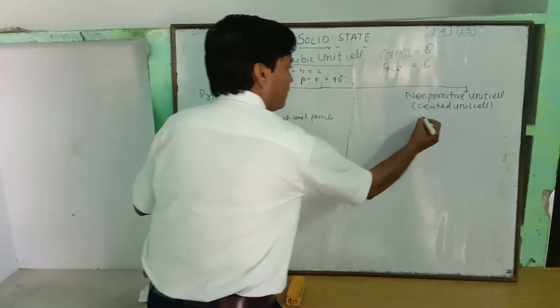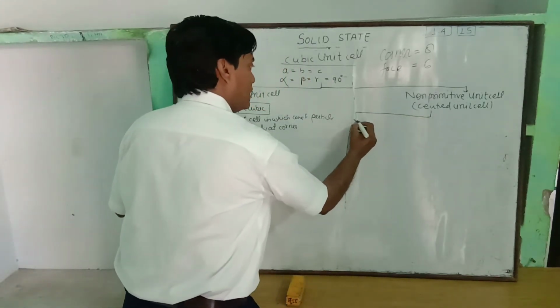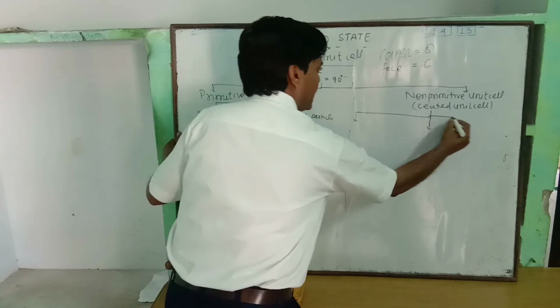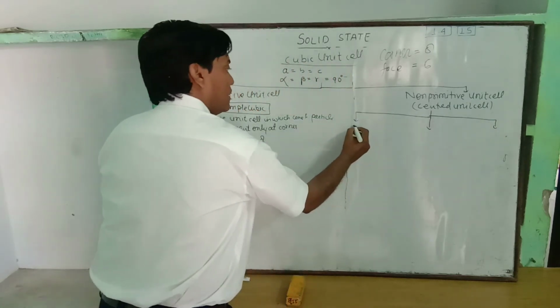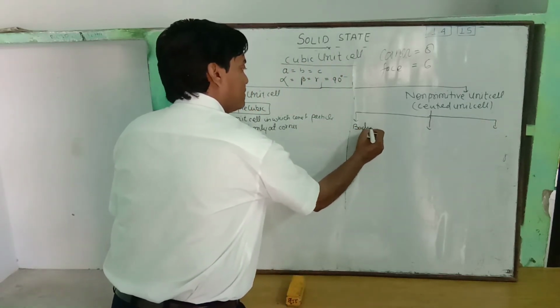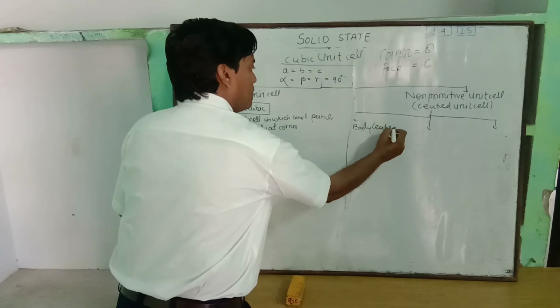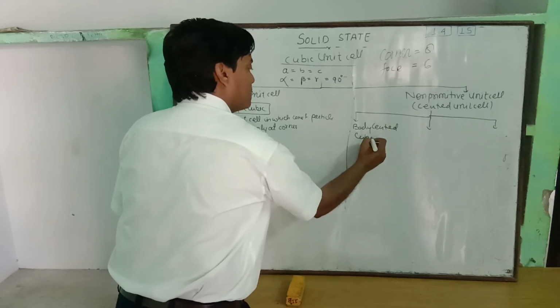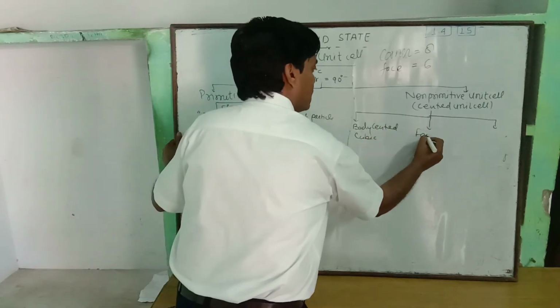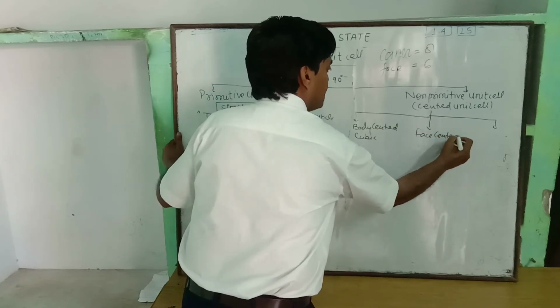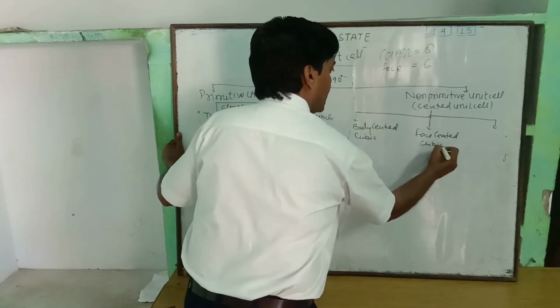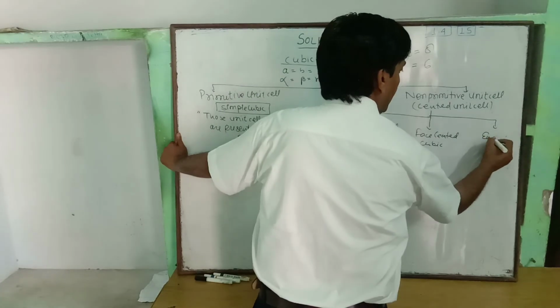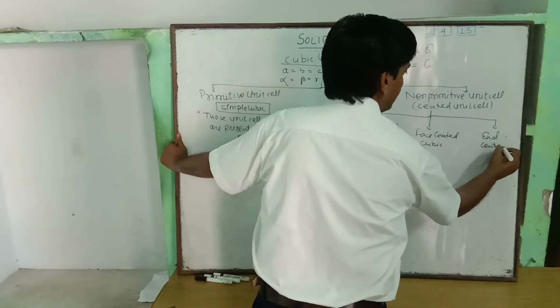Now son, look here, after that, there are 3 types. First, body centered cubic. Next, face centered cubic, and last is end centered cubic.